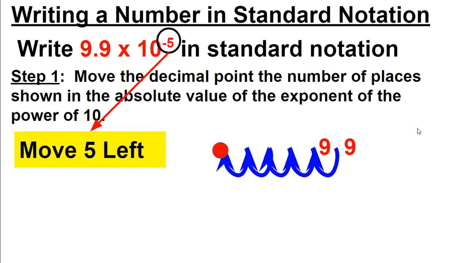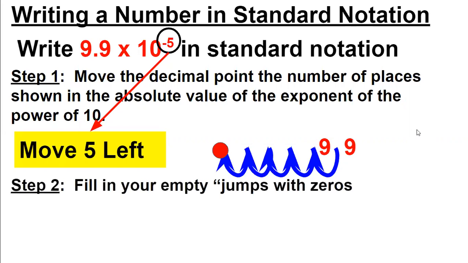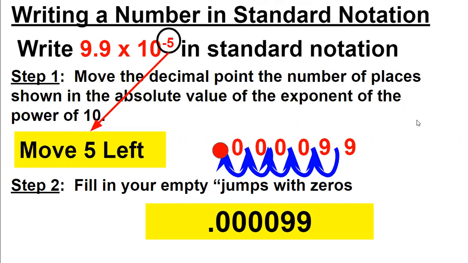I gave it away. We're going to put zeros in place there. So fill in your empty jumps with zeros. One there, there, there, and there. And then we are done, and we just rewrite our number, 0.000099. That's tenths, hundredths, thousandths, ten-thousandths, hundred-thousandths, millionths. That's 99 millionths.